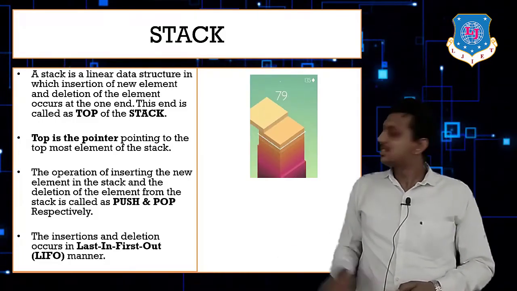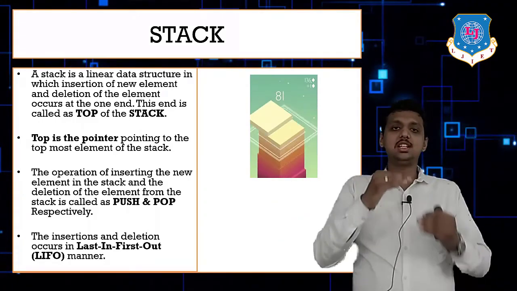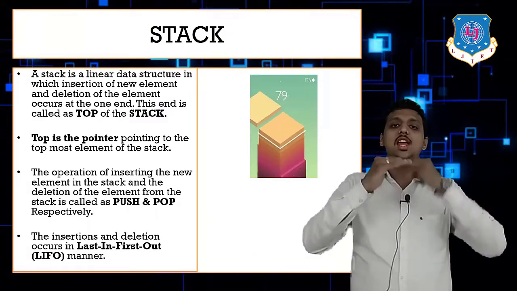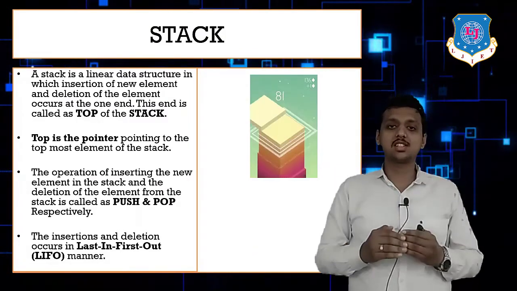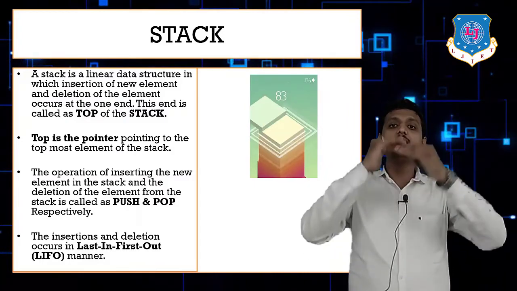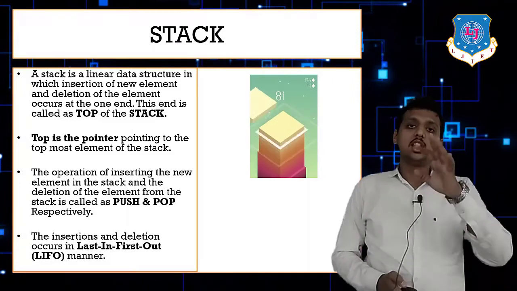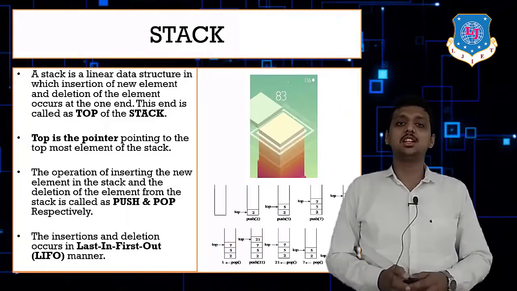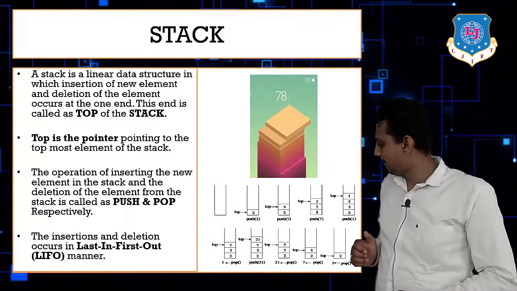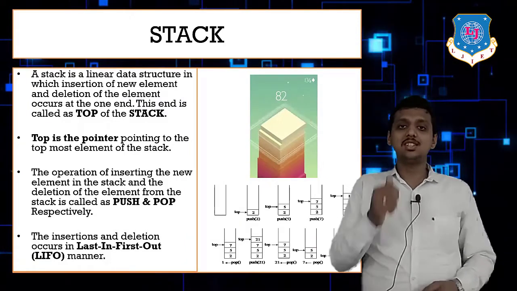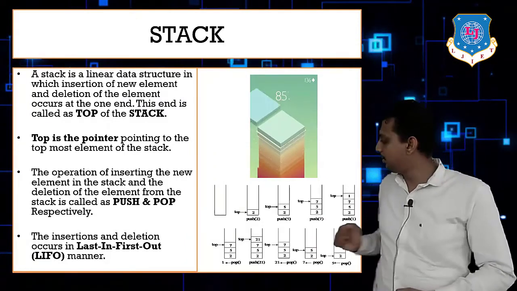So let's see the figure here, 79, 80, 81, 82, 83. So this is a stack of disks. This example represents the stack. Now, if I show you the stack in a real manner, in this figure, the top pointer starts at the bottom level.